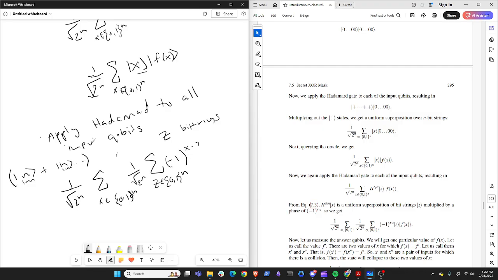The dot product of x and z, state z, f of x.